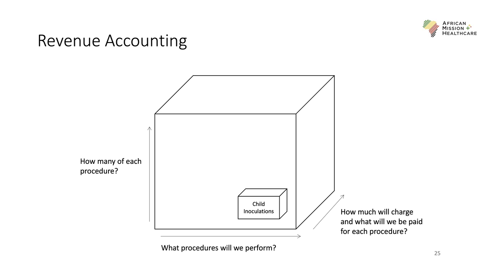And then we'll figure out how much we think we're going to charge, and then what we think we'll actually recover or get paid for them. So we might decide, for example, that for each child inoculation, we hope to get 3,600 sterling, but we actually expect to recover only 3,000 sterling for each shot, given that some people won't be able to pay or won't be able to pay the full price.